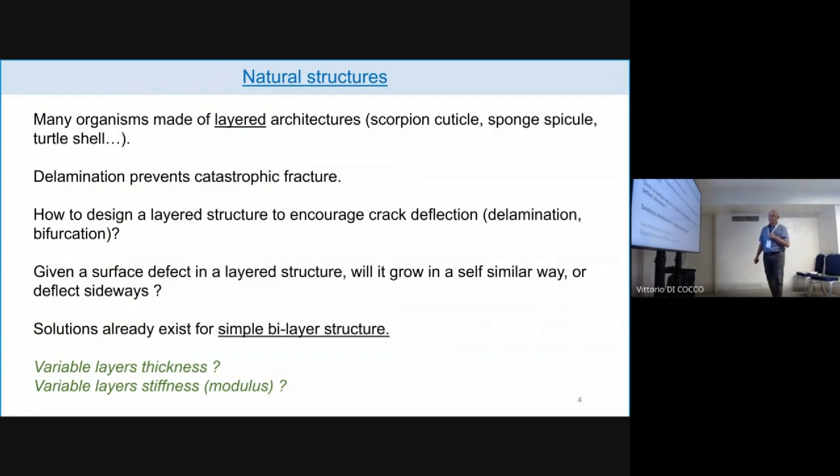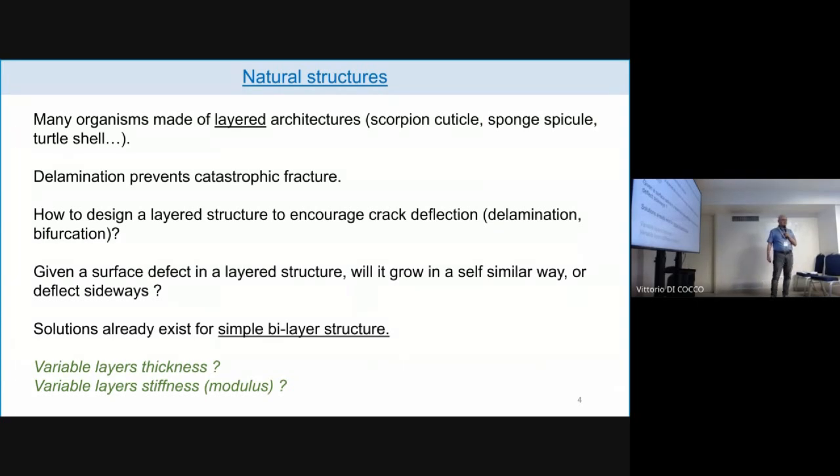Delamination occurs, and that prevents the catastrophic fracture, which is very important, of course, for the animal or structure. How to design a layered structure to encourage crack deflection. Delamination or bifurcation is a synonym of deflection. So how to design such a layered structure is something that we are addressing.